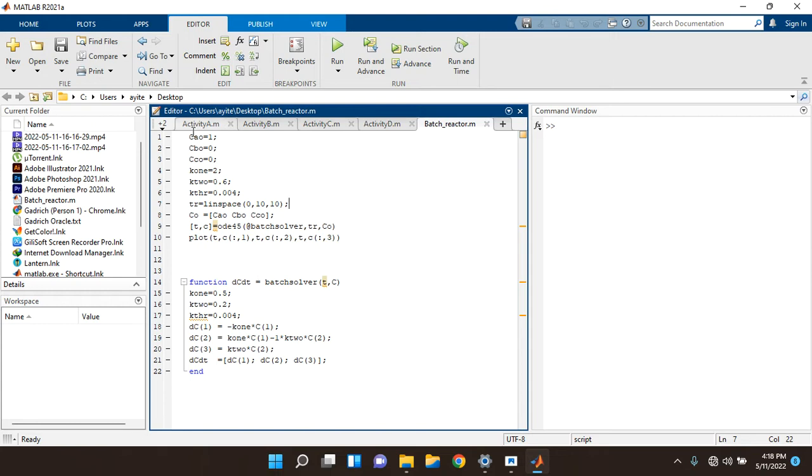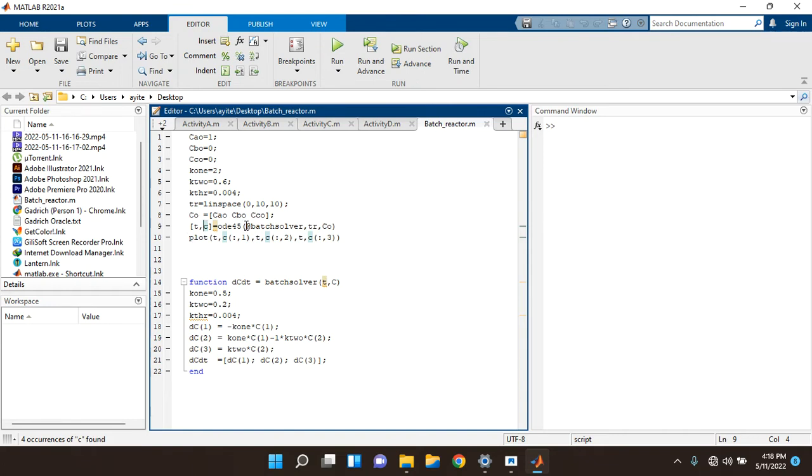So for every group, we all have our values that we're using. So this being the structure, the time output, the concentration output, and then we are using the ode45 function.